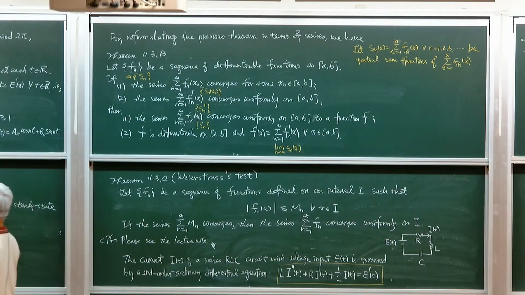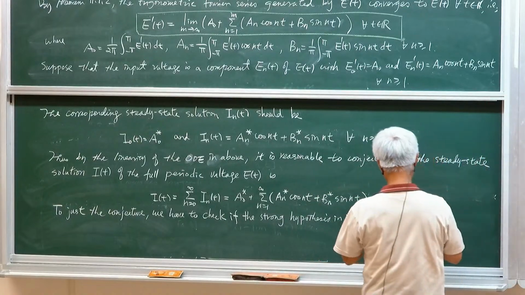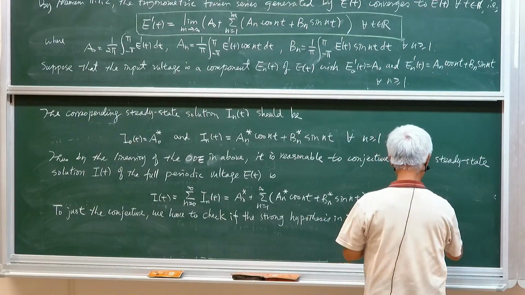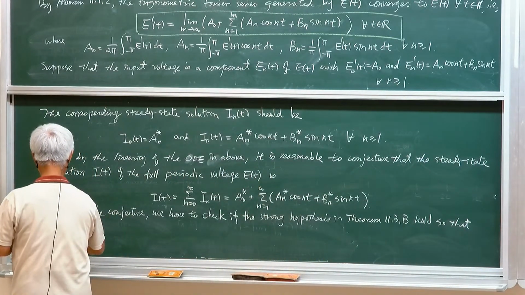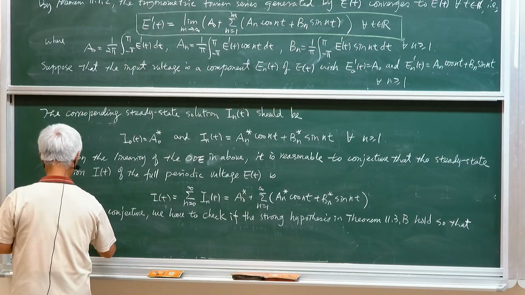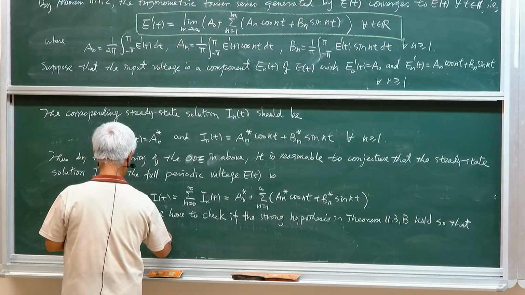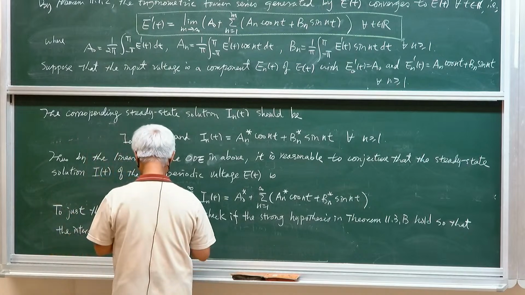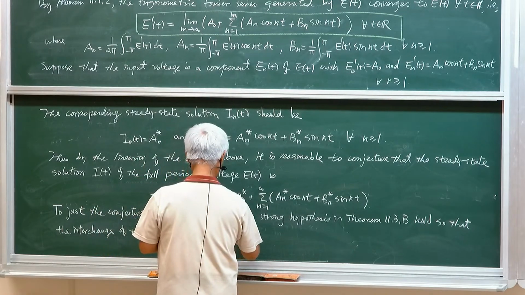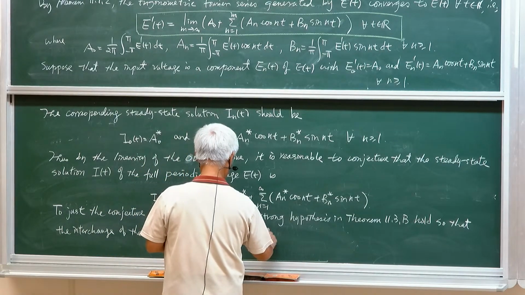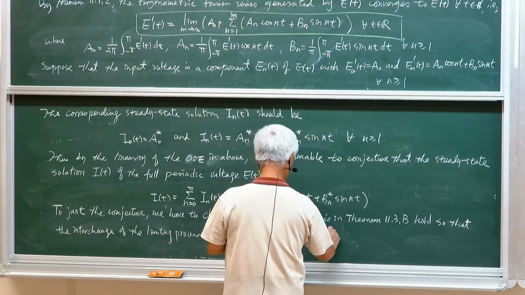We want to check if the strong hypothesis in that theorem holds, so that the interchange of the limiting process, here the series sum process, and the differentiation operation is valid.